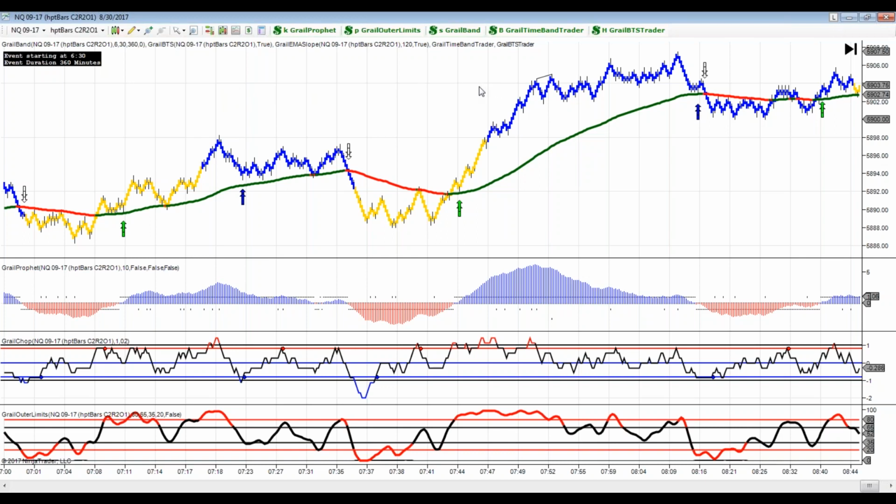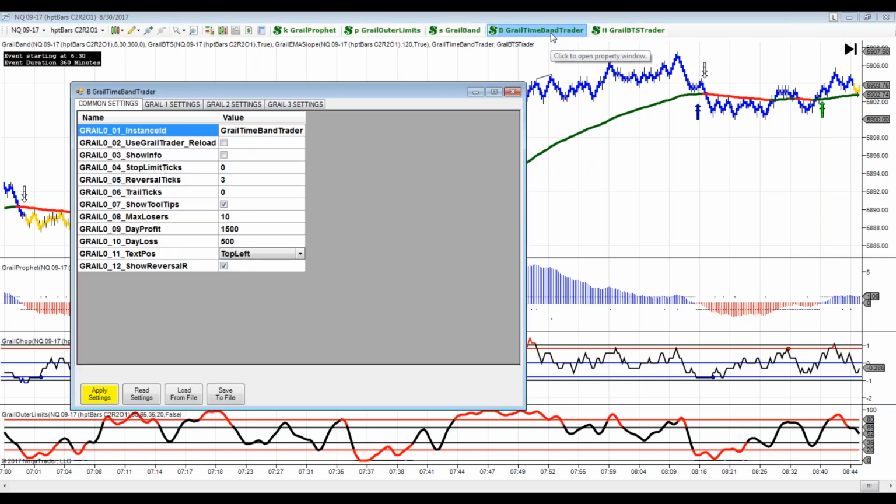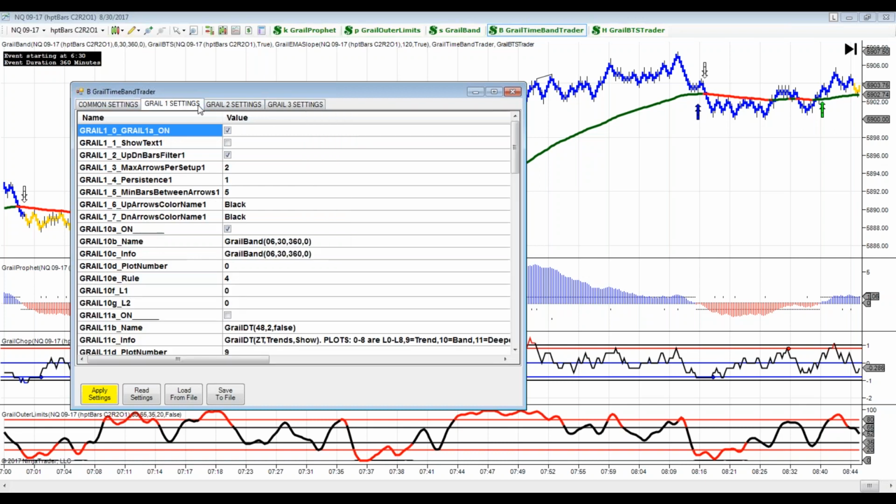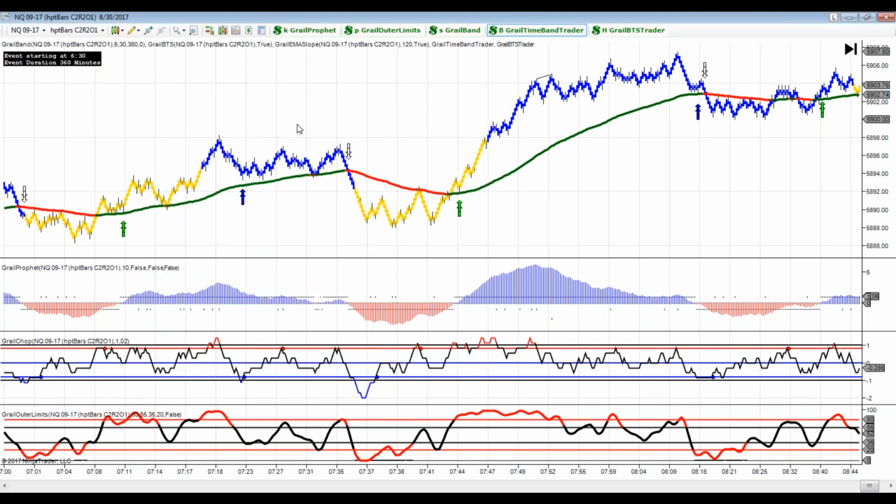Well, Doug, my rule of thumb is, the time band trader, I leave it running open. If you only want to use it for the first 30 minutes, that's okay. But I do run it open. We'll show it open because generally you don't stick around.